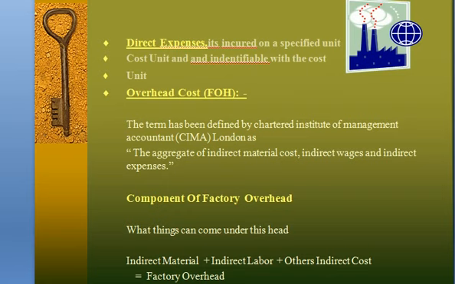Semi-variable overhead, as its name indicates, these are also called semi-fixed overhead or semi-variable overheads. Sometimes they are fixed up to some period of time, and they also have the variable nature. For example, the telephone bill.